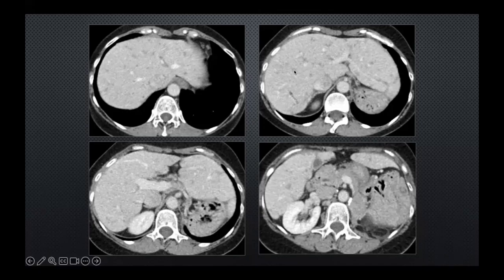They are not well demarcated, if anything quite poorly demarcated, although definitely low density. There's no association with any enlarged lymph nodes in the upper abdomen, neither is there evidence of biliary obstruction.